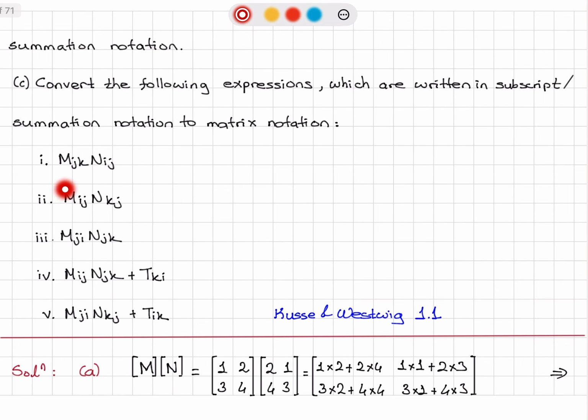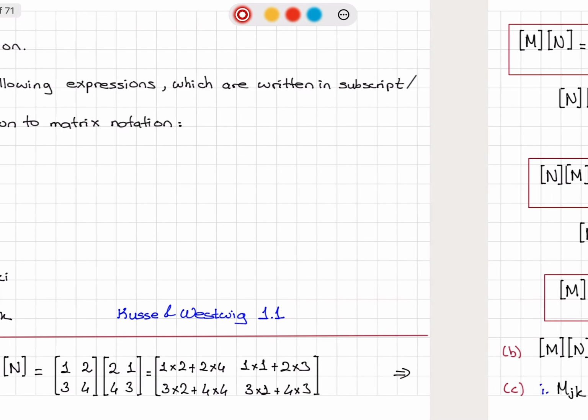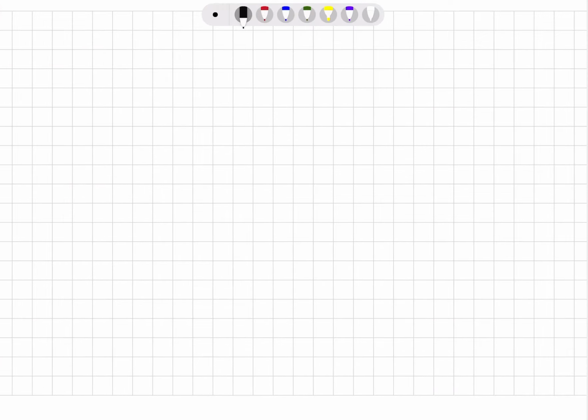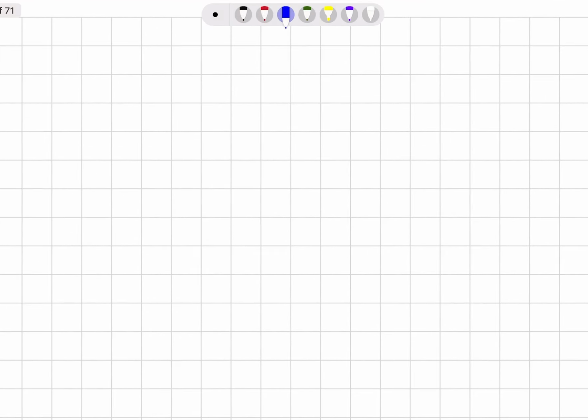And the second one is Mij Nkj. Now you can see, in order to perform the multiplication, I should have Mij and Njk, but here k and j have switched places, so the rows and columns have switched places.